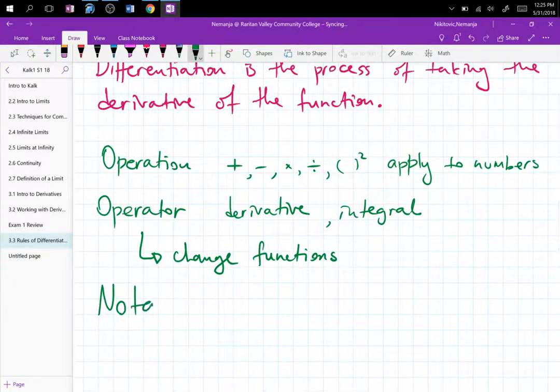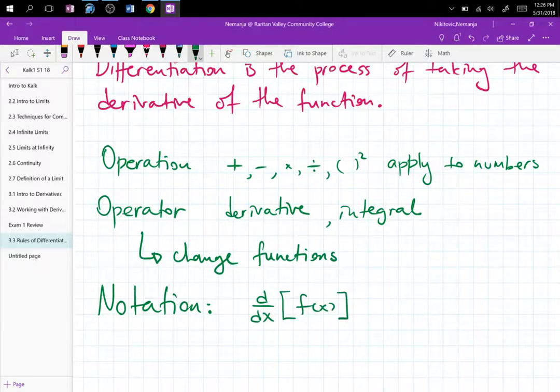Notation-wise, you know all of the rules for operations. You have one number, then plus, then another number, or one number, division, then another number, and so on. Now, the notation for derivatives and integrals would be: you take the derivative, let's say with respect to x, of a function. That would be the notation for this.